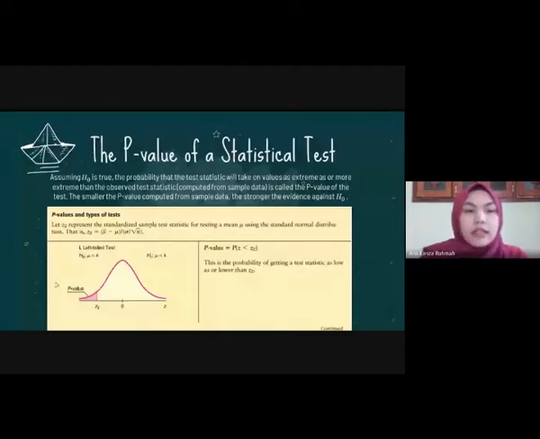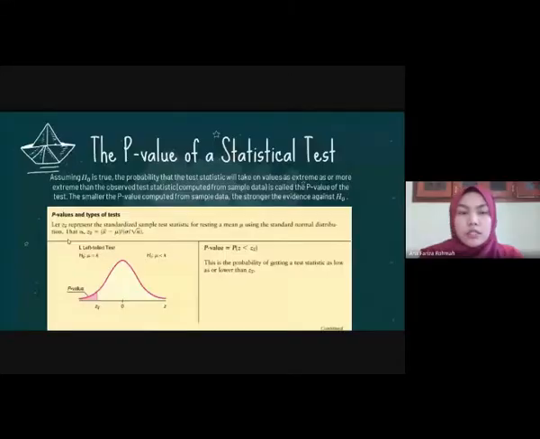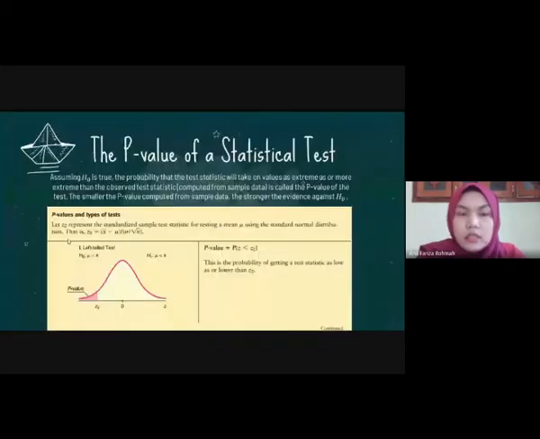This is the p-value and types of tests. Let z(x bar) represent the standard sample test statistic for testing mean mu using the standard normal distribution. That is, z(x bar) equals x bar minus mu divided by sigma over the square root of n. The first is the left tail test.